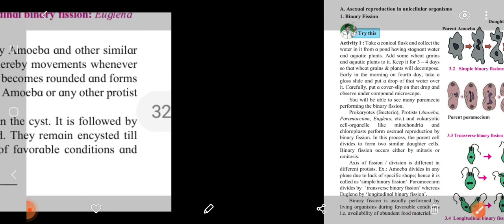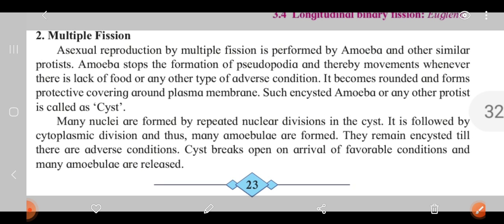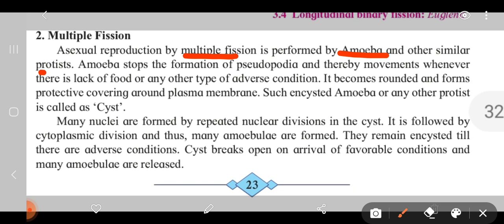Moving ahead, multiple fission. Asexual reproduction by multiple fission is performed by amoeba and other similar protists. Amoeba stops the formation of pseudopodia. Pseudopodia are the false legs of amoeba, used for movement.